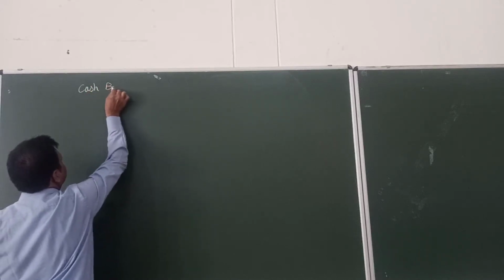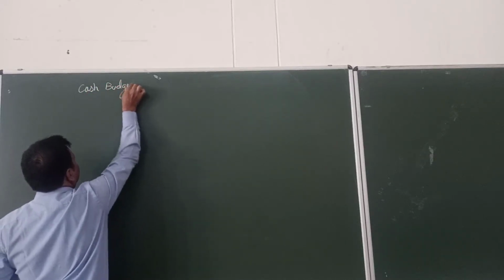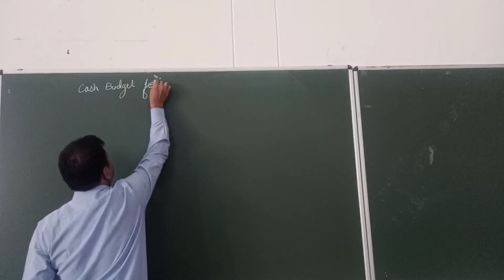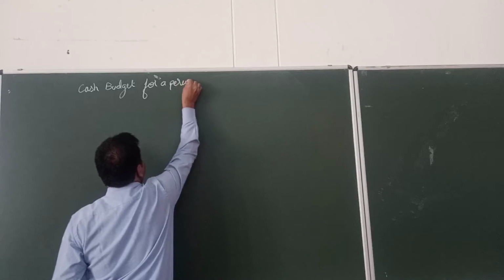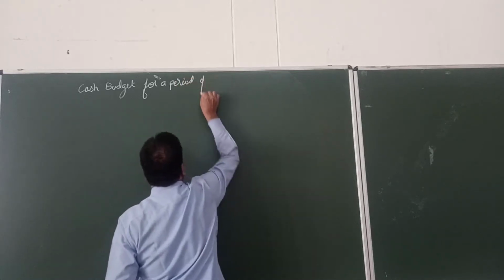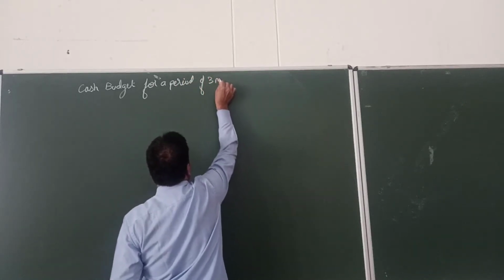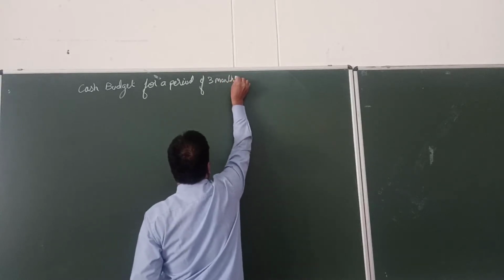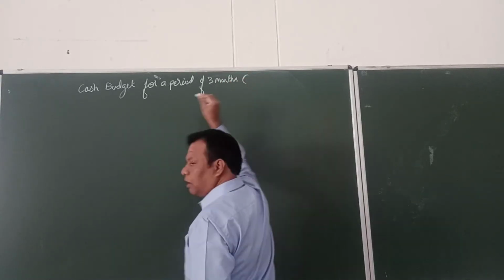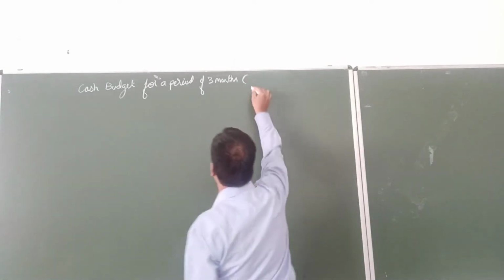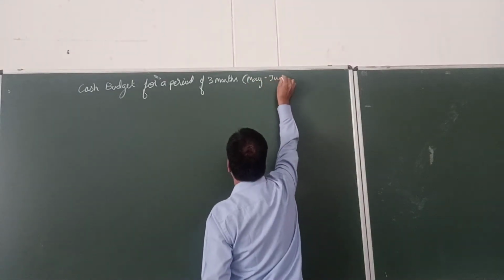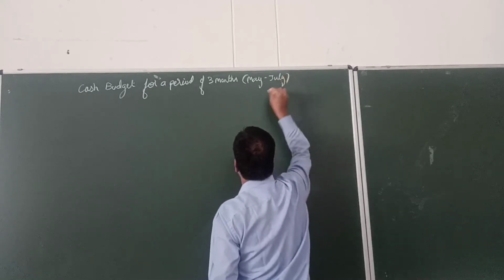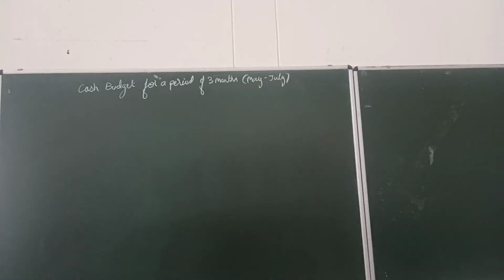Cash budget for a period of 3 months, that is, May to July. We are preparing the cash budget for a period of 3 months, from May to July.